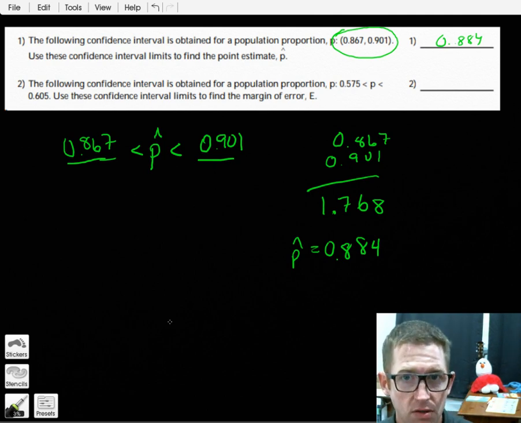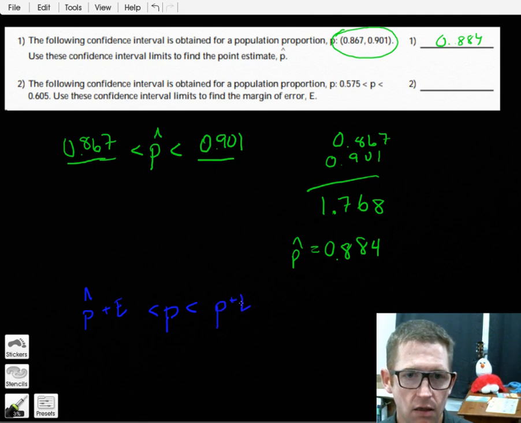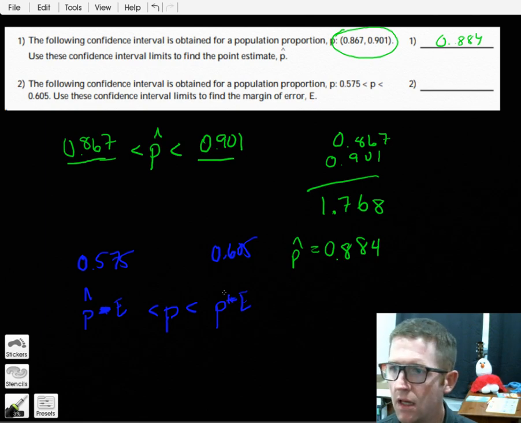We should also know that the margin of error is added to p hat here, and it's subtracted from p hat there. So to get the 0.575, it's p hat minus e, and to get the 0.605, it's p hat plus e.